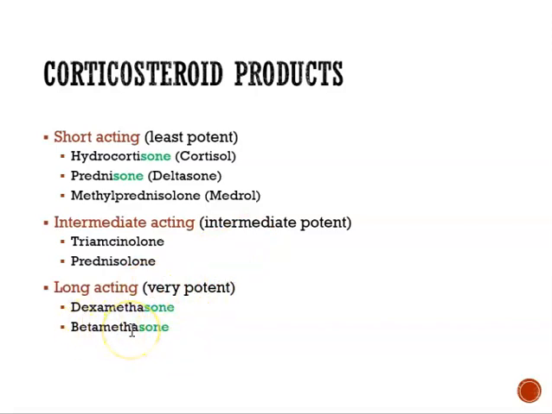It will stay in your body for a longer period of time. Notice that all the corticosteroids, for the most part, end in "zone," hydrocortisone, prednisone, right? Sometimes they end in "alone," as you can see here, but for the most part, "zone" is the ending. So prednisone, the most common one.